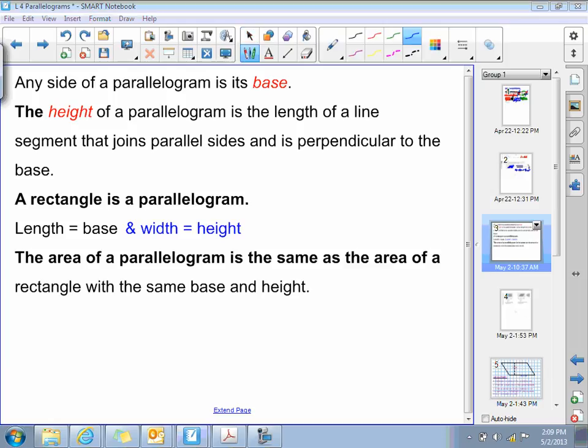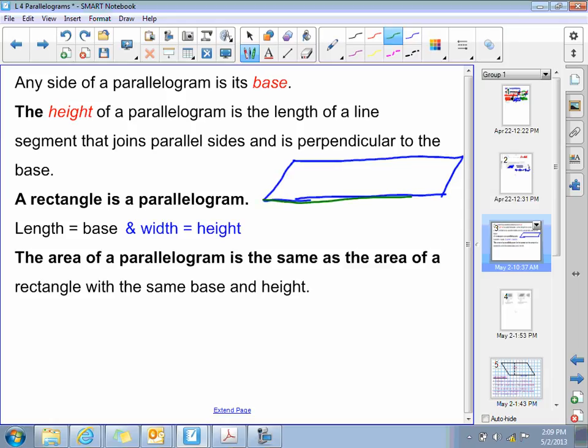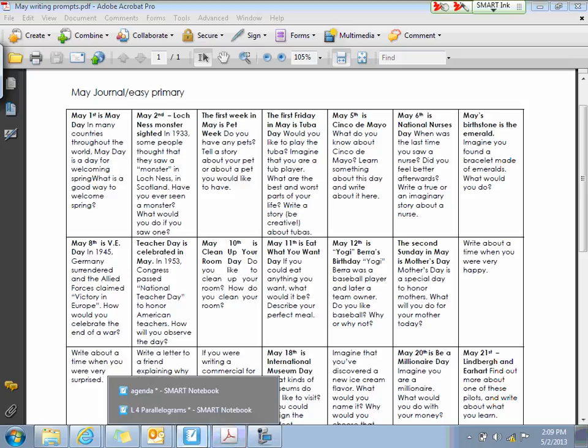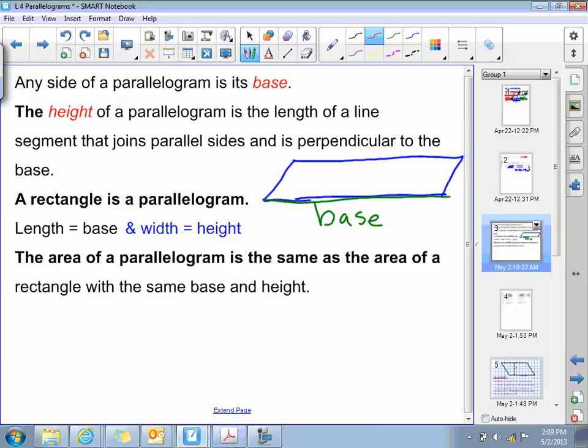So if I quickly sketch a parallelogram, I have my parallel sides, and I realize this isn't perfect, but if I call this my base, I need a perpendicular line. And remember, a perpendicular line is more of a T shape, where the bottom would be my base.